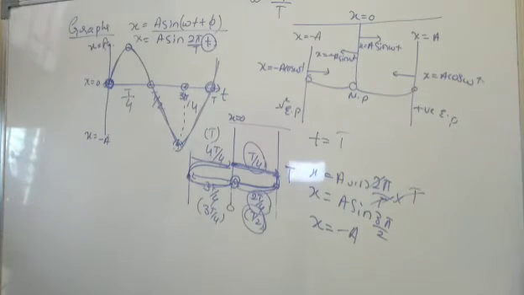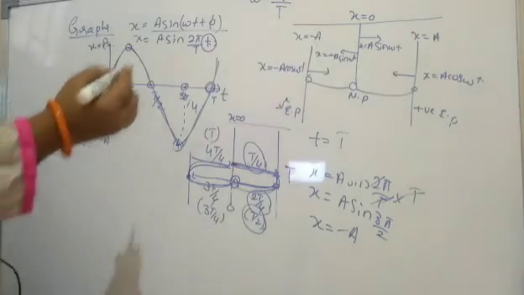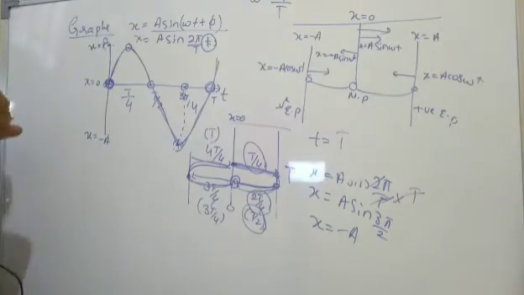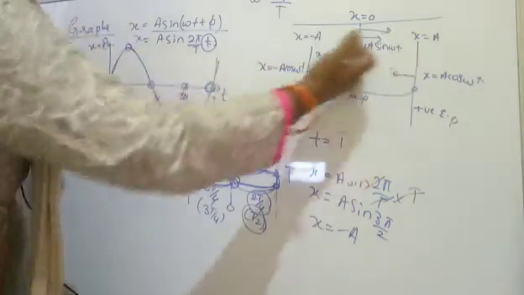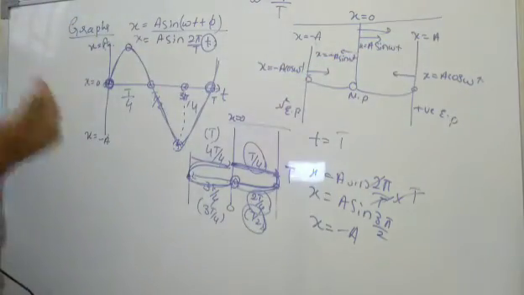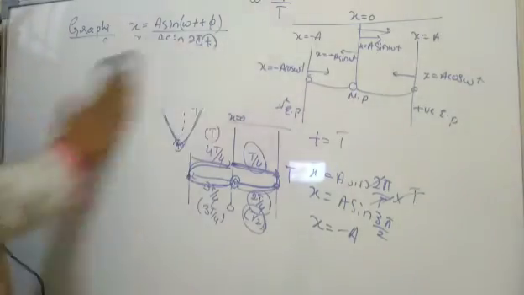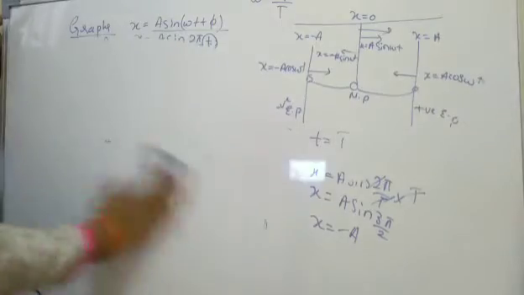Right? So this is where we are getting the equation of a particle executing the simple harmonic motion, if the particle is moving from mean position to extreme. If the particle is moving from extreme position to mean position, what kind of graph are you getting? That means we are getting a different graph.